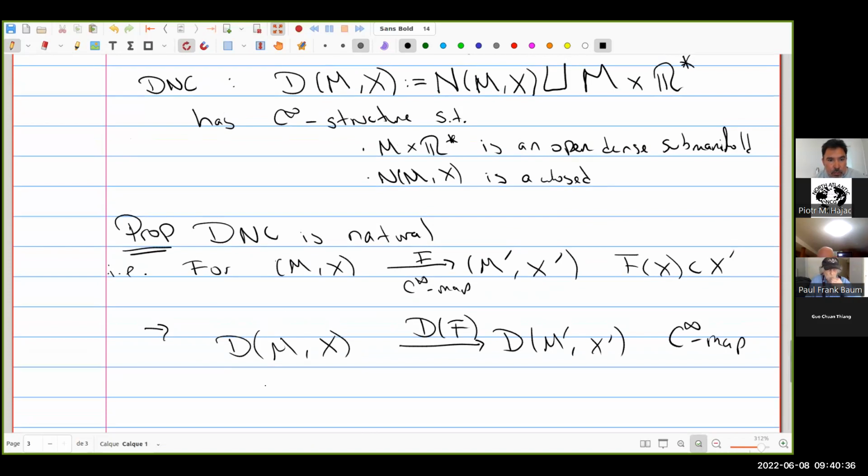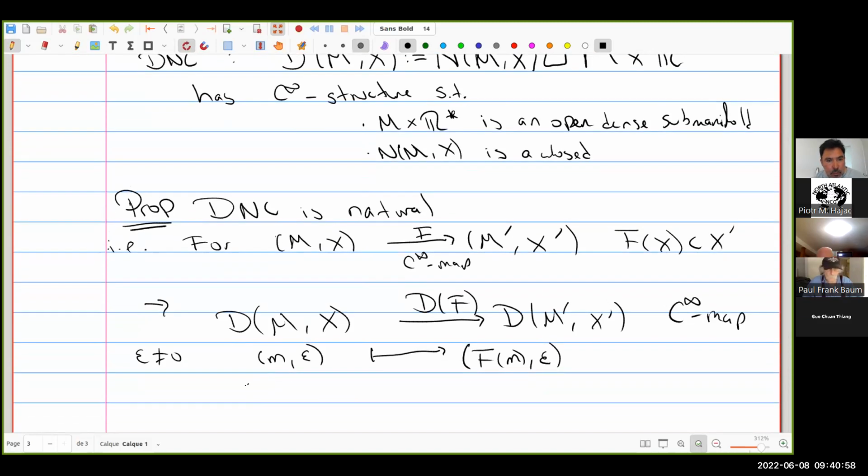In this deformation to the normal cone there are two kinds of points. Those for which epsilon is different from 0, because I'm taking R star as a component: here the map is just f times epsilon. And the other part, in the normal bundle, where there's a normal vector: here you have to take the derivative of f in the normal direction, evaluated at x.